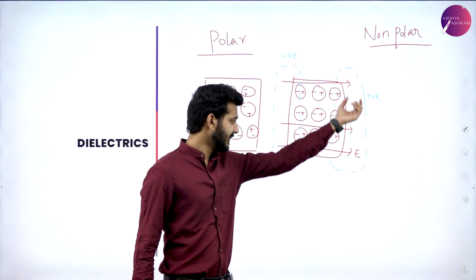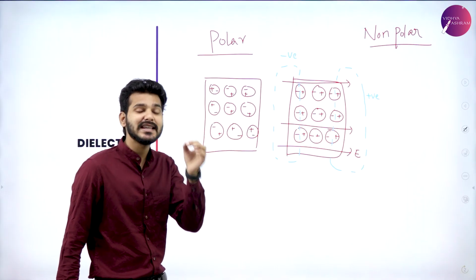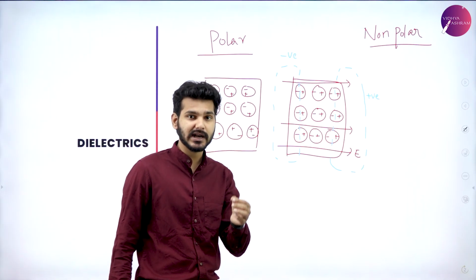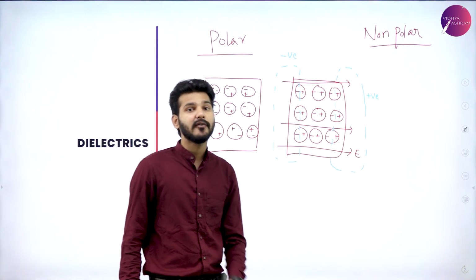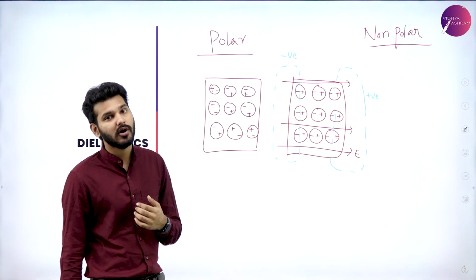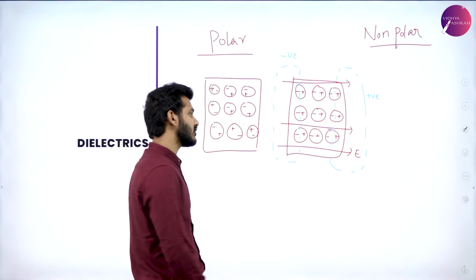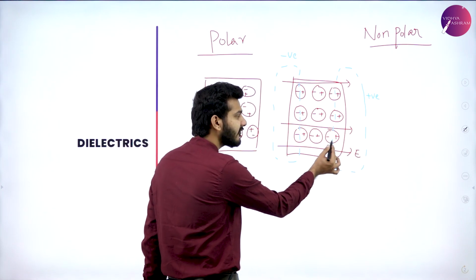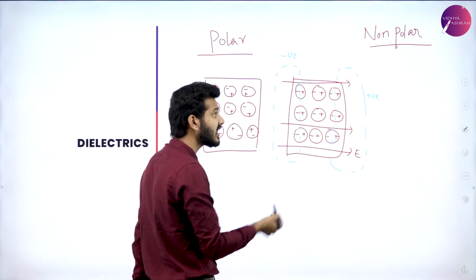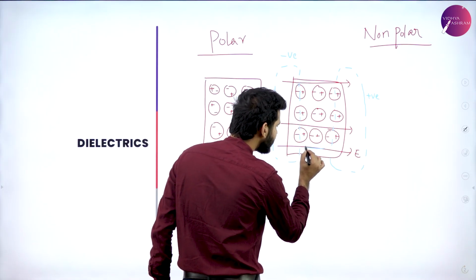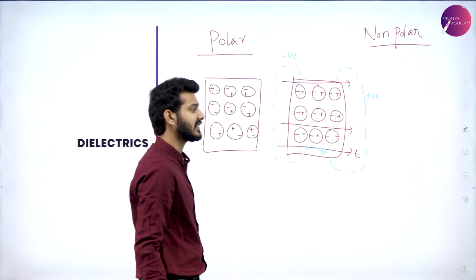So if this side is positive and this side is negative, we can say that the internal electric field which is generated because of the electric field applied will be in the opposite direction of the external electric field, that is the electric field we applied. So this particular electric field which is generated because of the polarization of charges will be in the opposite direction of the external electric field.